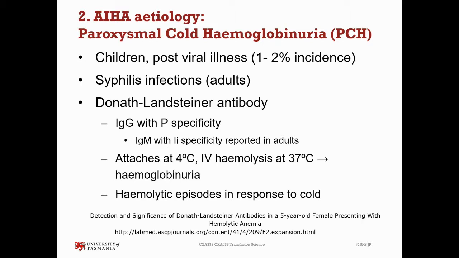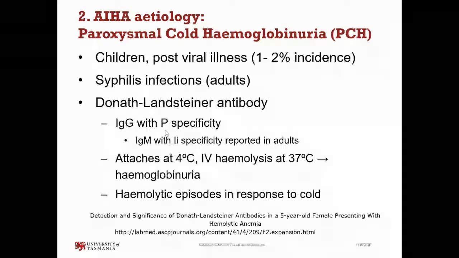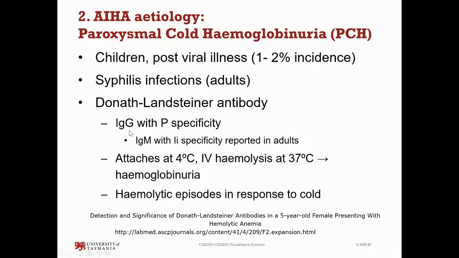So it is a rare condition that is most commonly seen in children, very occasionally seen in adults. And the autoantibody that causes paroxysmal cold hemoglobinuria is quite an interesting antibody in itself. It has specificity to the P blood group system, and P system antibodies are usually cold reacting IgM, but this Donath-Landsteiner antibody, as it's called, is actually IgG class. That's really quite unusual.